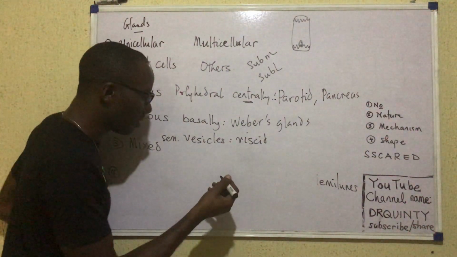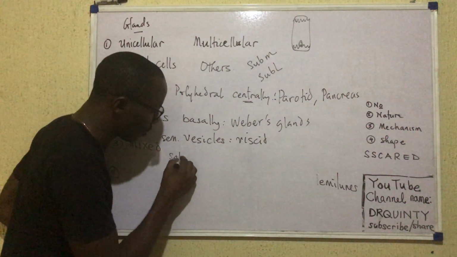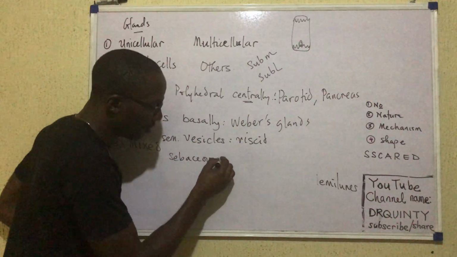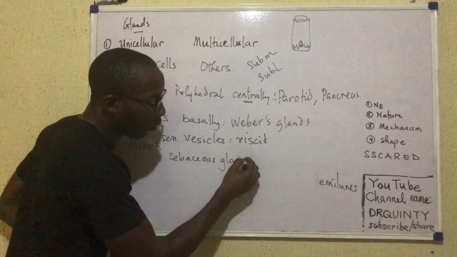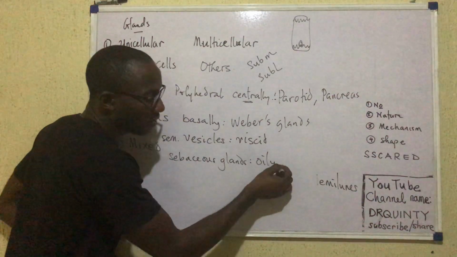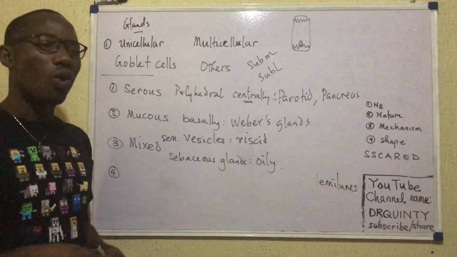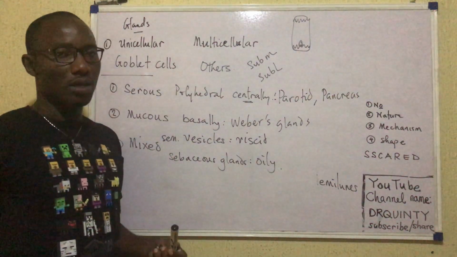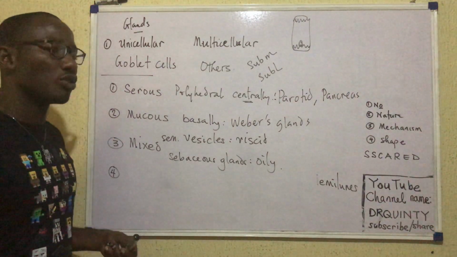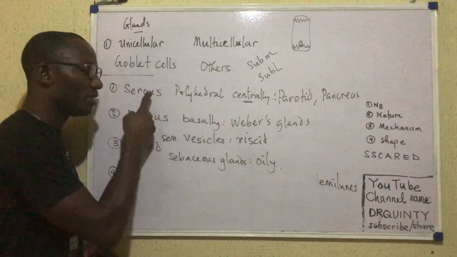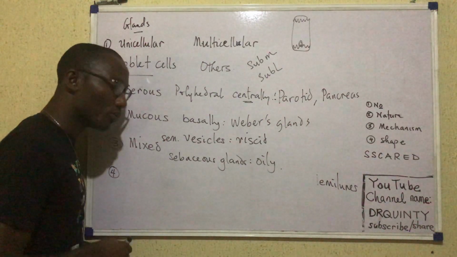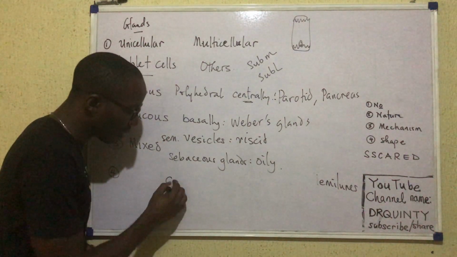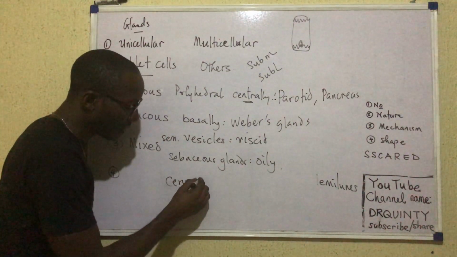Then see this other one. We talked about the sebaceous glands. You must be familiar with the sebaceous glands in the skin. What do they produce? An oily secretion. Their secretion is oily or greasy. So those ones are also miscellaneous because oil is neither serous nor mucus. Then we have a good example in the ceruminous glands.